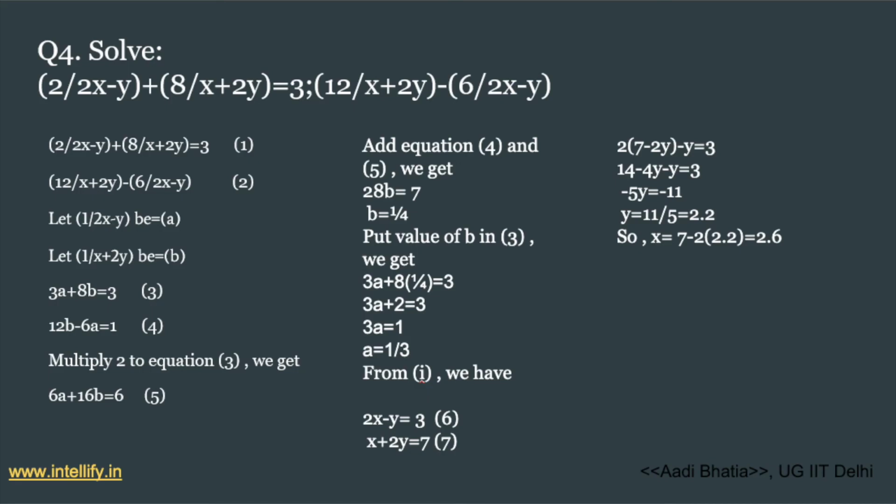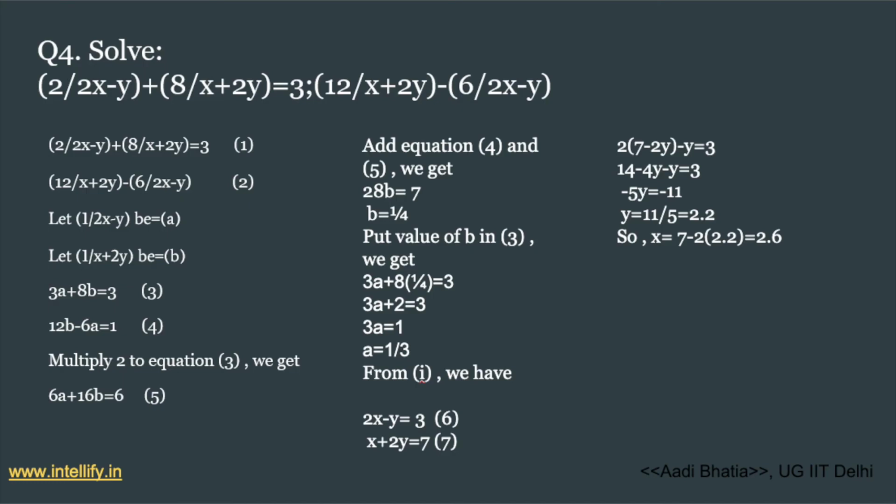We'll take the first as equation 1, and the second as equation 2. Let 1 upon 2x minus y be a, and let 1 upon x plus 2y be b. Then 3a plus 8b is equal to 3, and 12b minus 6a is equal to 1.